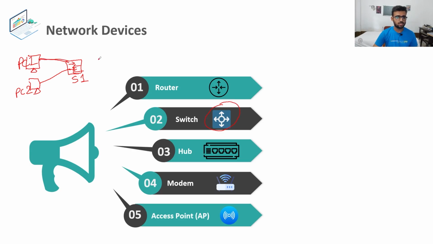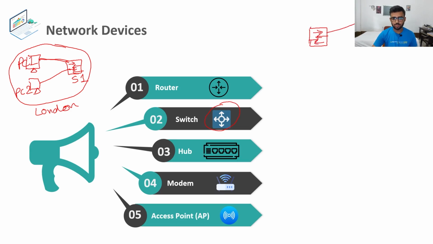by a switch. And let's suppose this network is in London, and let's suppose another network like this is connected to this switch, and this switch is connected to a PC, and this is a network.